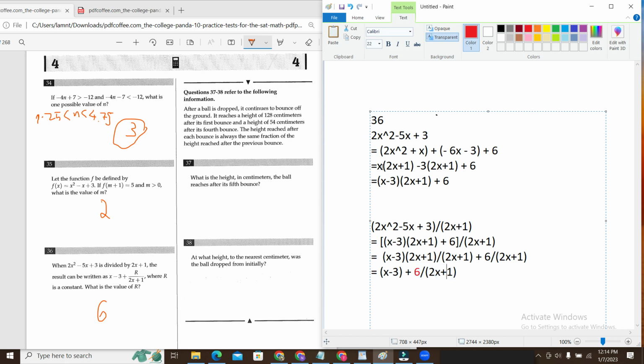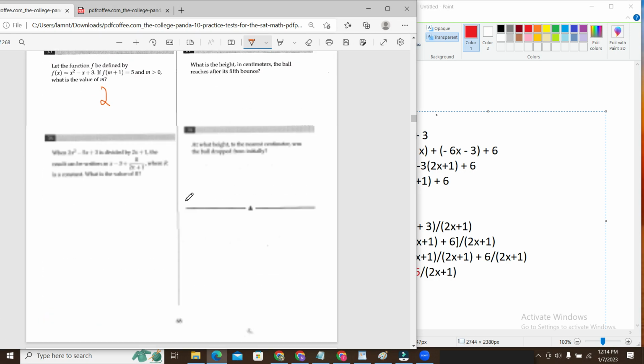So the tip for this type of exercise is that you have to try to factor out the denominator from the polynomial. After the common terms cancel out, you're left with a remainder, and the numerator of the remainder is actually R.